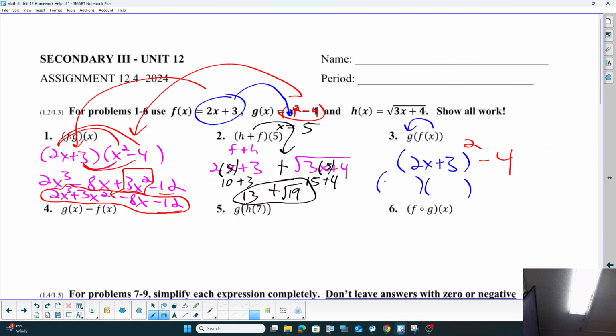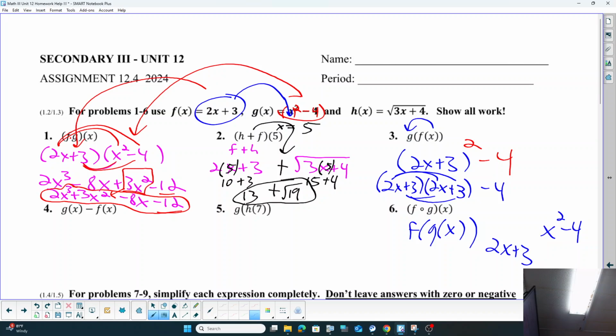I'll let you finish that for homework. Go ahead and distribute it, and don't forget the minus 4 at the end. Then you go the other way. f of g is the same as f of g of x. That's taking g, which is x squared minus 4, and plugging it into f, which is 2x plus 3.